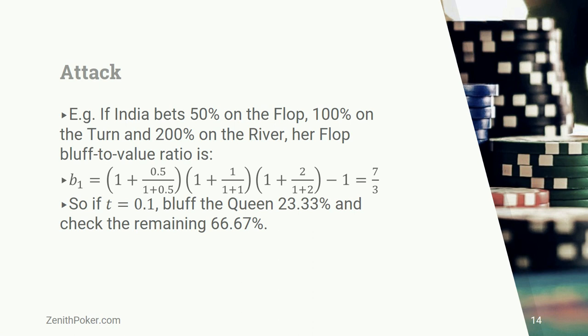So if t is equal to 0.1, which means that she has an ace 10% of the time, the amount that she would bluff the queen on the flop is 23.33%, and she would check the remaining 66.67% that she has of her queen.